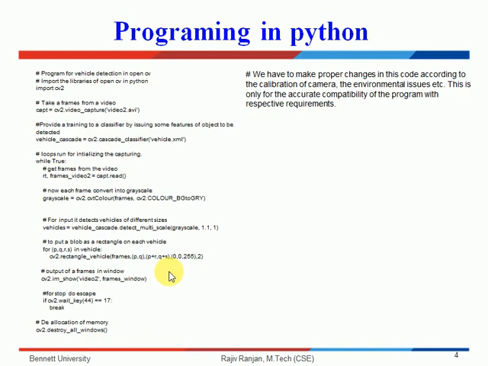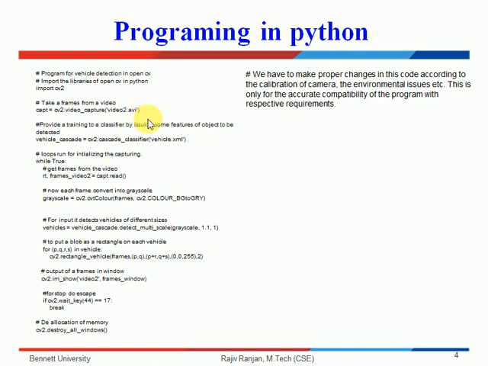One thing has to be considered: the calibration of the camera is very important for this project. So whatever input video you are giving here, the training dataset will be related to that video only.